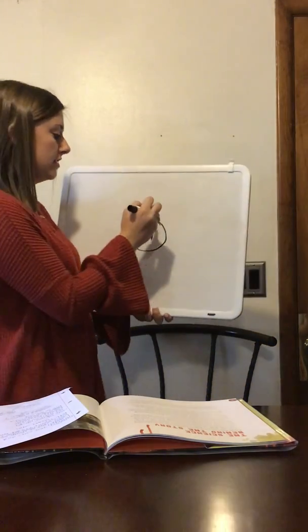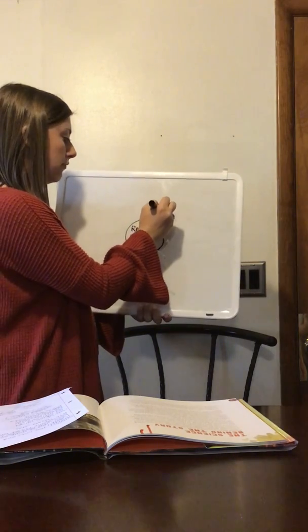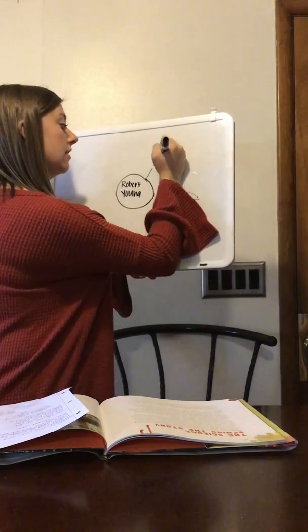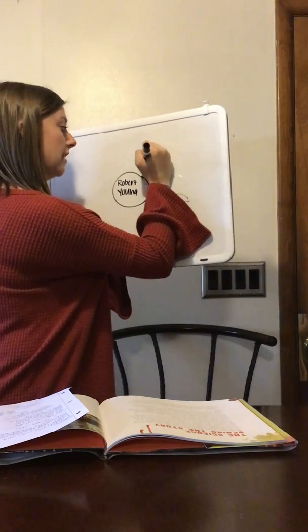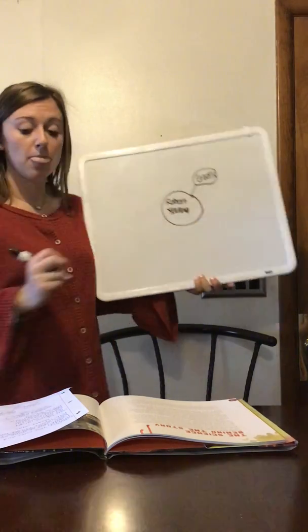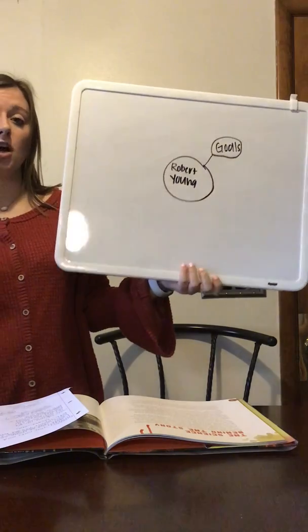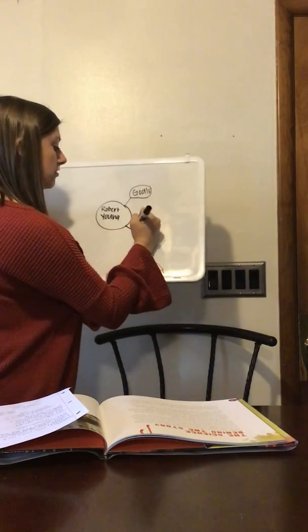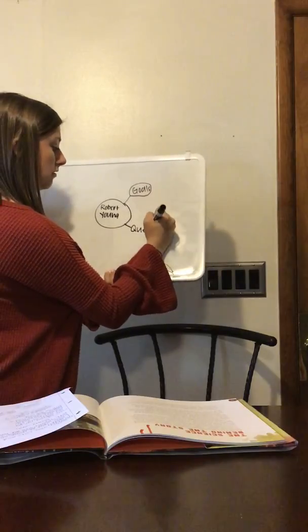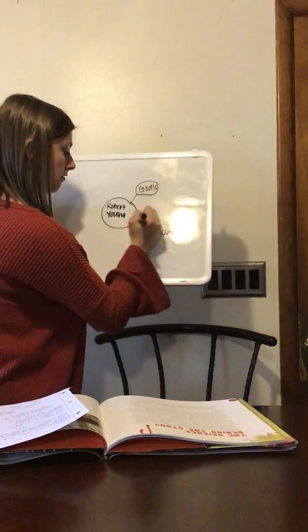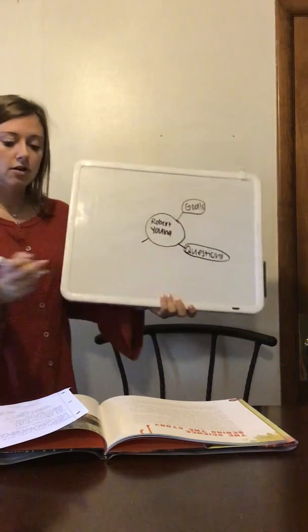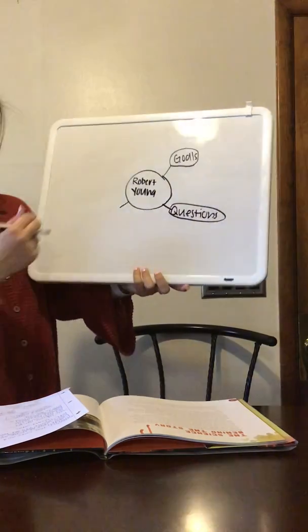Our first thing to talk about with Robert Young is the goals he has for his research. So we have goals. Then we're going to talk about the different questions that he asked during the process. Then we are going to discuss his findings.